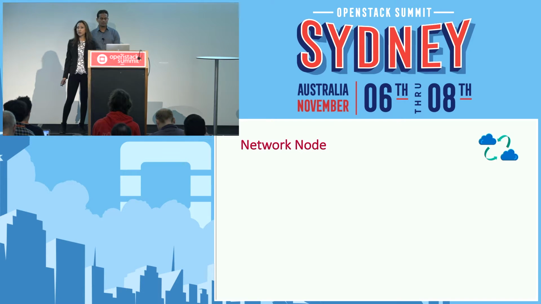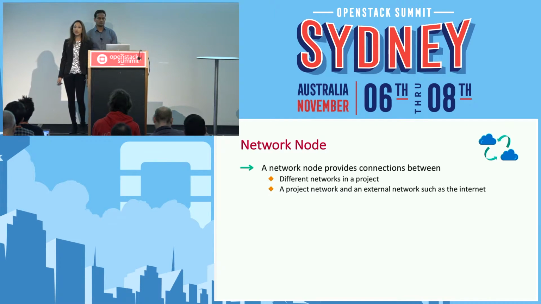So let's move on to talking about another very important node, which is the network node. What a network node does is that it provides connections between different networks in a project and between a project network and an external network, such as the internet.